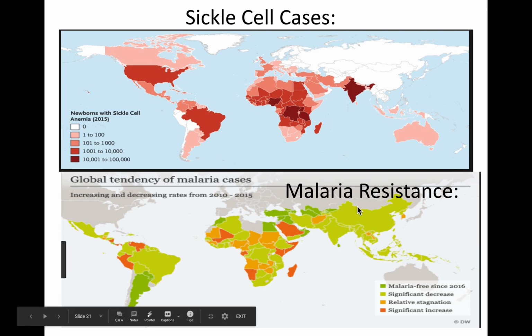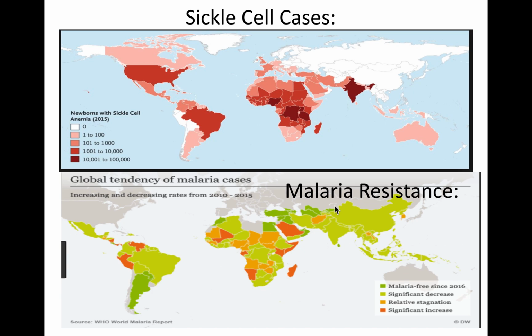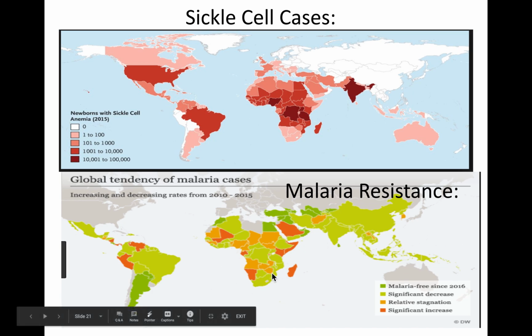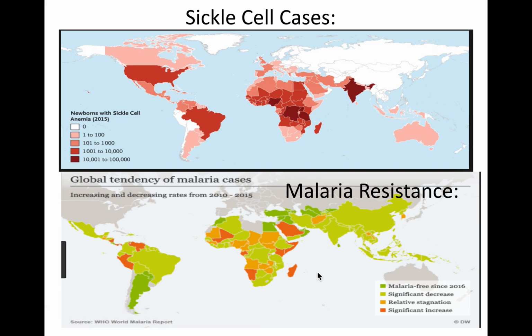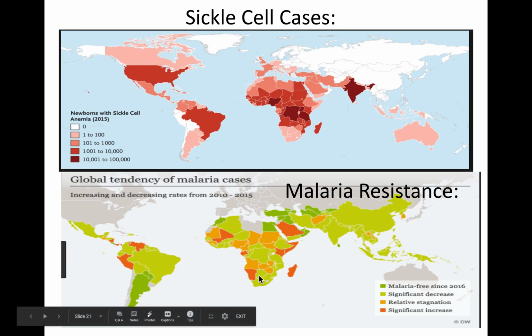So that means they are going to be resistant to malaria, and malaria is a big issue in Africa. So in a sense, this says it has an adaptability function as well. As we move into evolution, eventually you'll hear about this again. But that's an interesting connection between sickle cell anemia and adaptations.